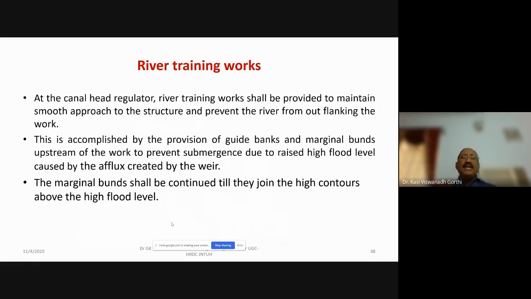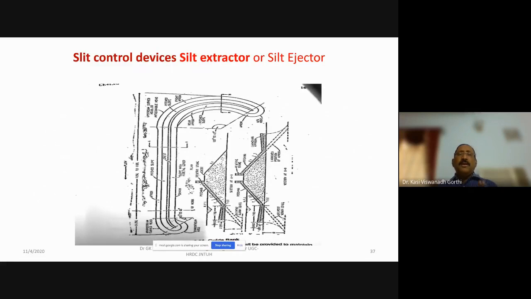At the canal head regulator, river training. We have seen two basic devices, silt excluders and silt ejectors, and these two devices will be provided, one on the upstream side of the canal diversion work, canal head regulator, and the other one on the downstream side. On the upstream side, when the water is entering from the river, we see that the more silted up water is not allowed to flow, it will be at the downstream portion.